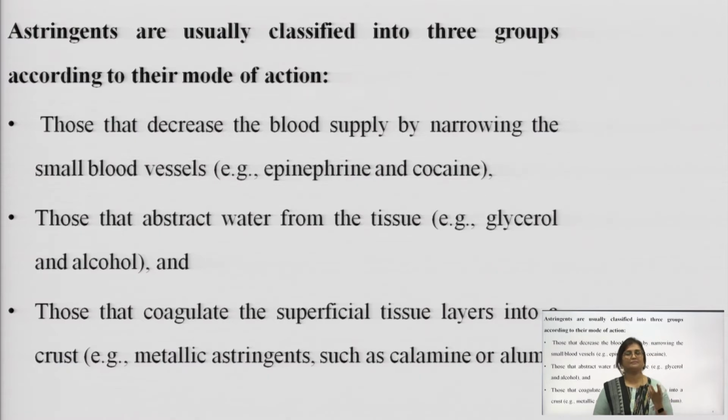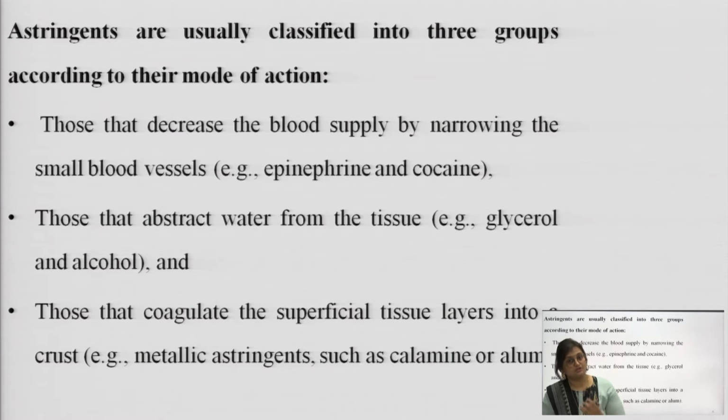Very simple to understand: astringents are used for constriction. They constrict the tissues, isn't it? Hence they are used to decrease the blood supply by constricting the small blood vessels, and so for stopping excess blood loss.